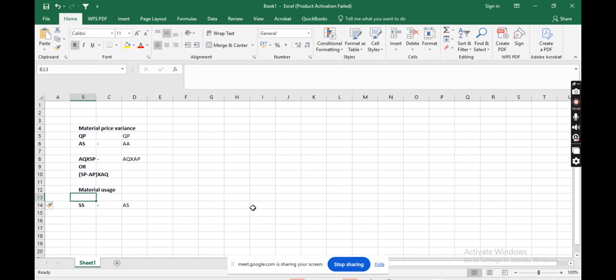When you use a material, you want to produce, the material usage is the material consumption variance. Now, if you want to consume 250 kg, definitely you need to buy that 250 kg. When you say you want to consume, definitely you need to buy, right? You still have your QP.